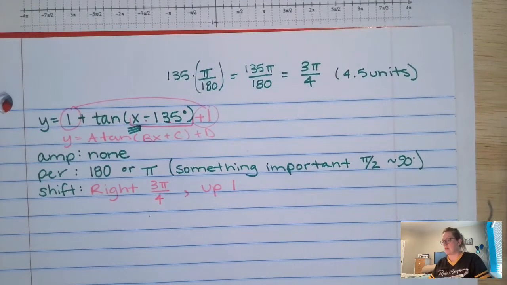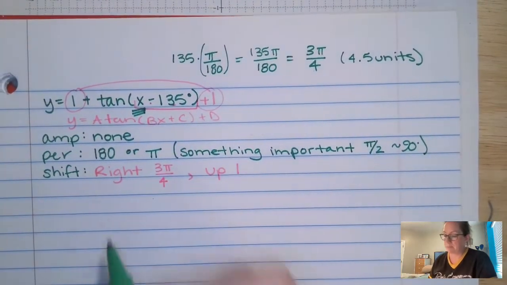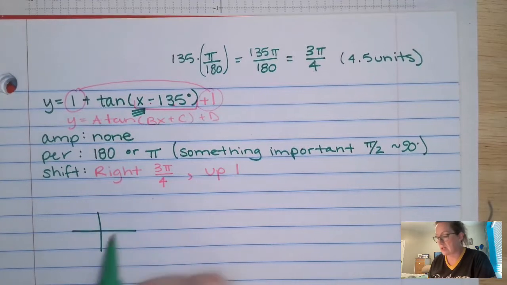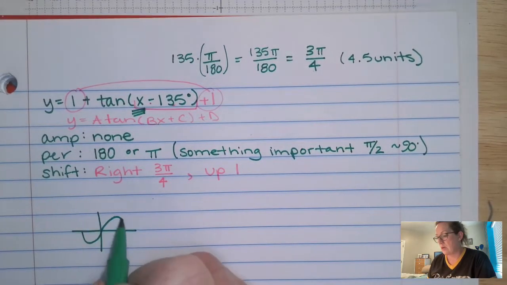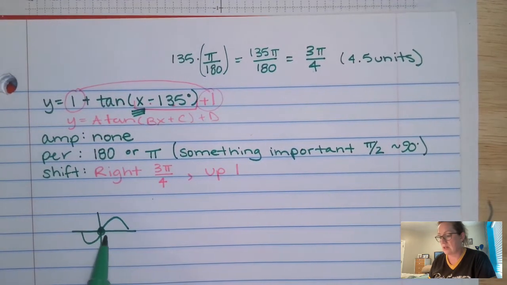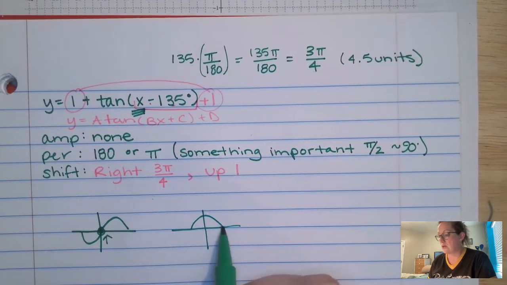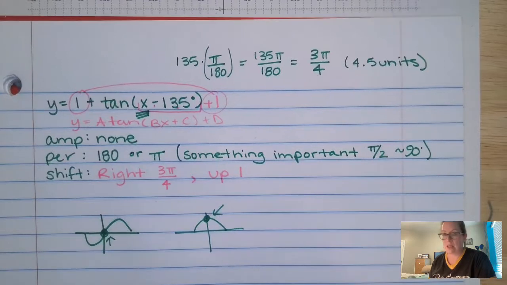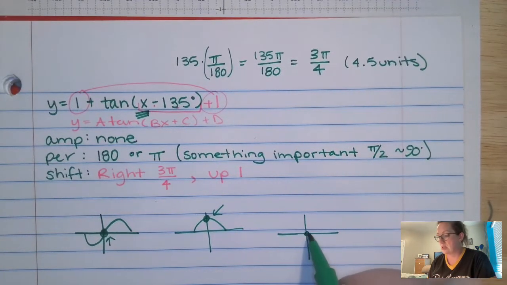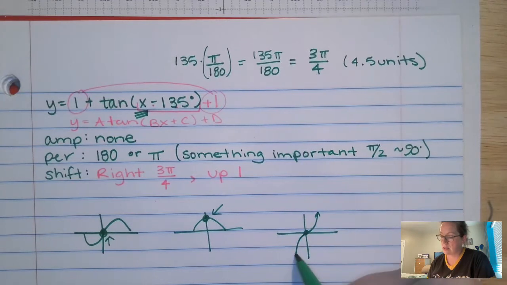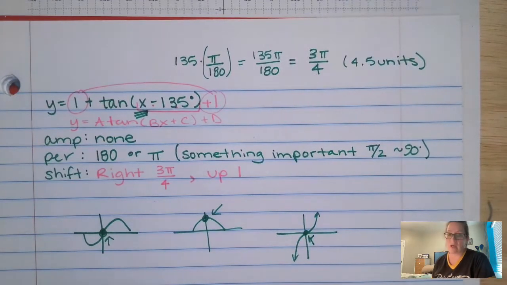Okay, let me reiterate this. So going back, sine, cosine, tangent. When we were graphing sine, we moved that point, correct? When we were going with cosine, we were moving this point. When we were doing tangent, we are moving this point.